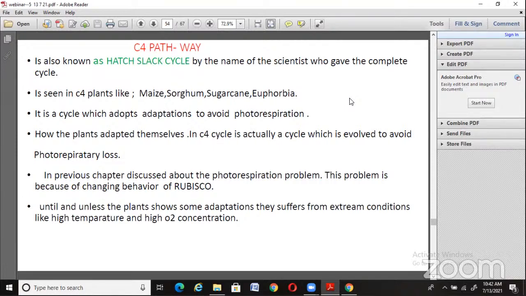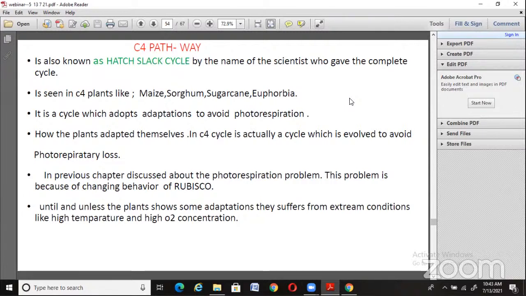They gave the complete changes during this cycle. So the C4 pathway can also be called the Hatch-Slack cycle. Now, which plants are included under C4 plants?